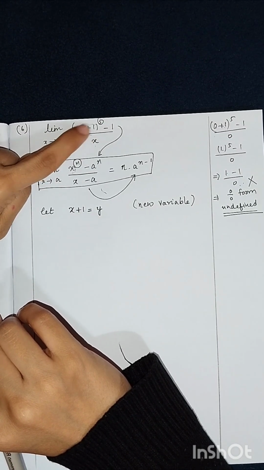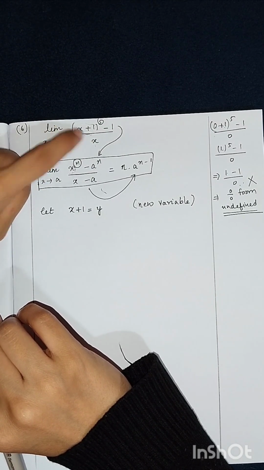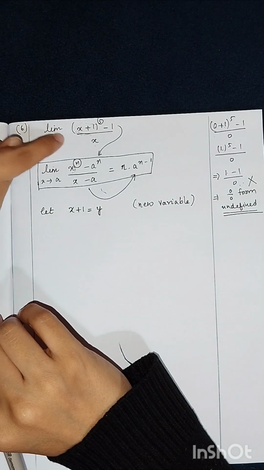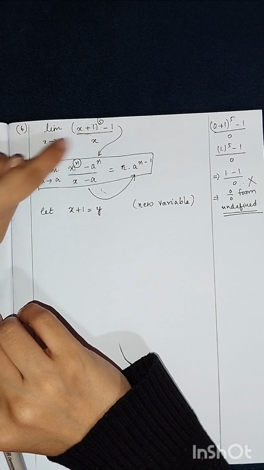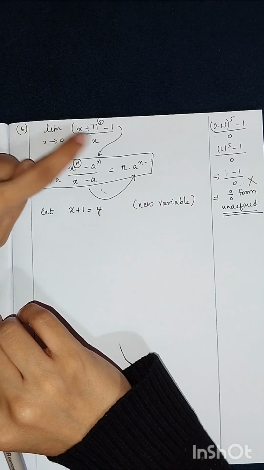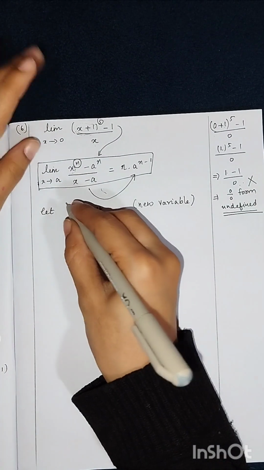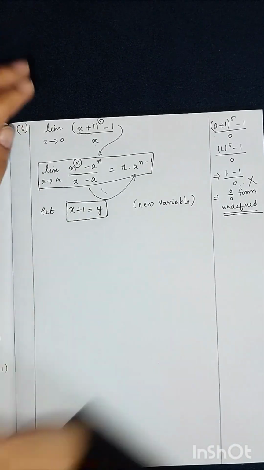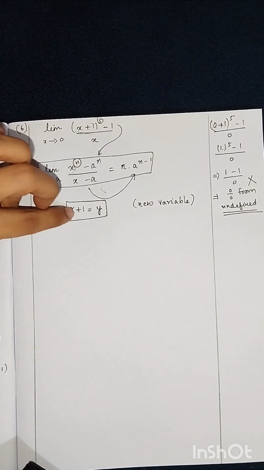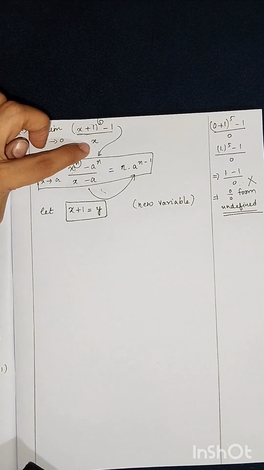We already introduced the new variable in this part. How do we change these two? We will change them by using x plus 1 equal to y. This will help us change x tends to 0 and x.